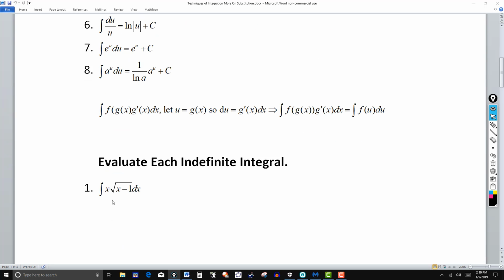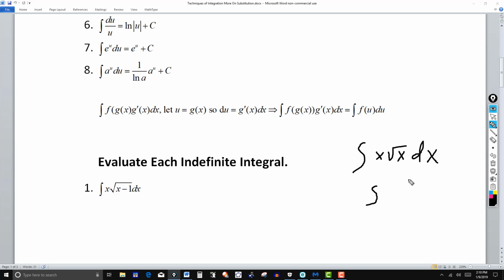In this one right here, again, I remind you, always try to simplify your integral. So if you have something like, say, x times square root of x dx, you look at that and say, well, you let u be x, that won't do you any good. Let u be square root of x, won't do you any good. But see here, if you just simplify this, this is x to the first and x to the 1/2.